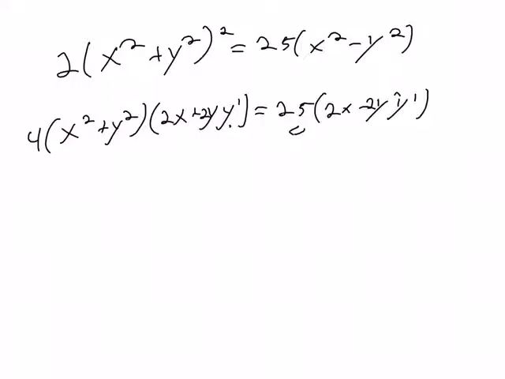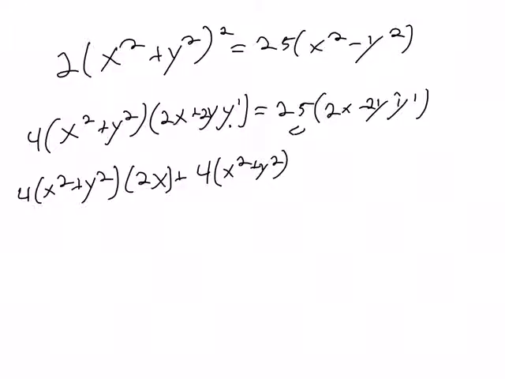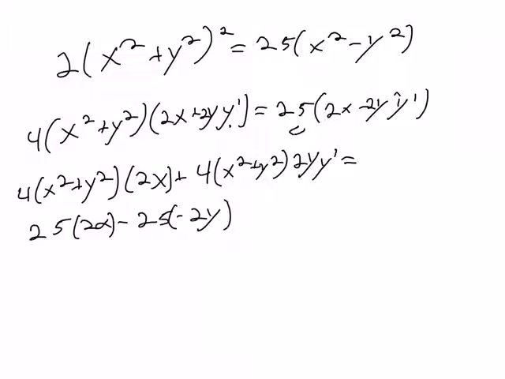So this is going to be 4 times x squared plus y squared times 2x plus 4 times x squared plus y squared times 2y y prime is equal to 25 times 2x minus 25 times 2y y prime.